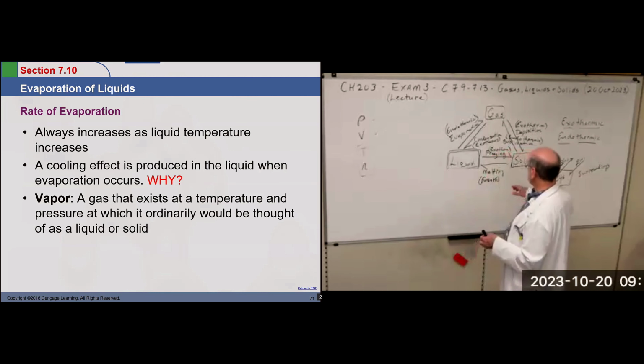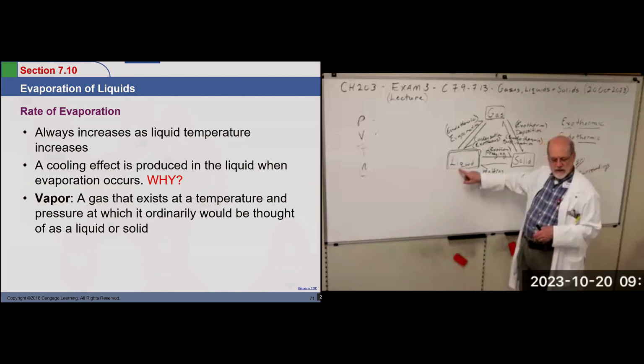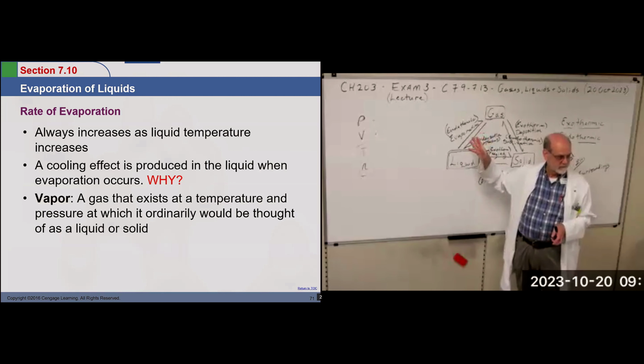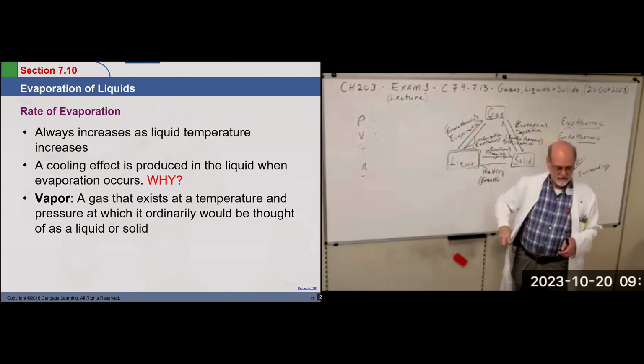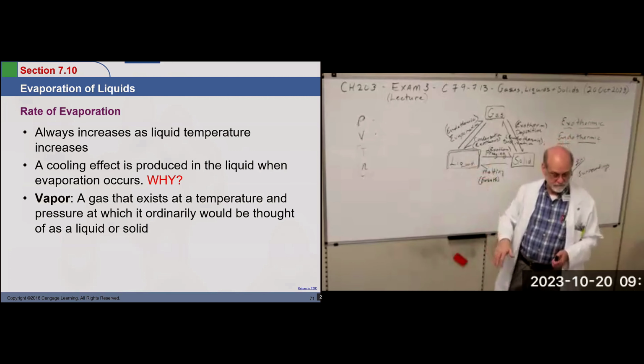When the liquid phase changes to a gas, we often call it the vapor phase for that liquid. They're synonymous. The vapor phase is the gaseous phase of a liquid.